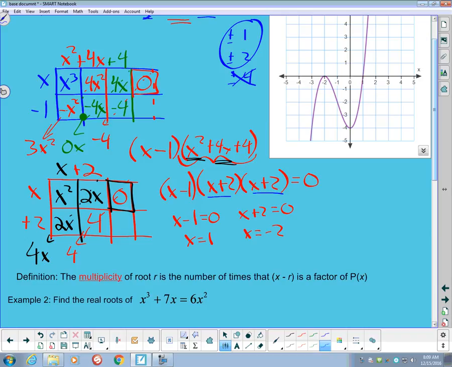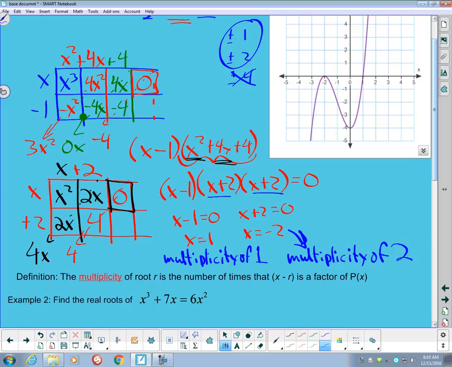The x minus 1 was a factor 1 time, so this has a multiplicity of 1. But the x minus 2, this one showed up as 2 pieces, or the x equals negative 2, came from 2 different x plus 2's, so this one has a multiplicity of 2.